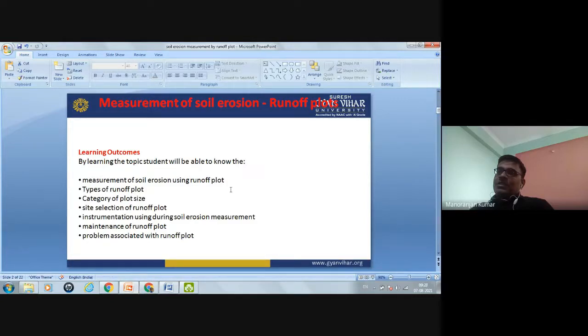We will also discuss how you can maintain the runoff plot and what the different problems associated with it are. We will discuss all these things.